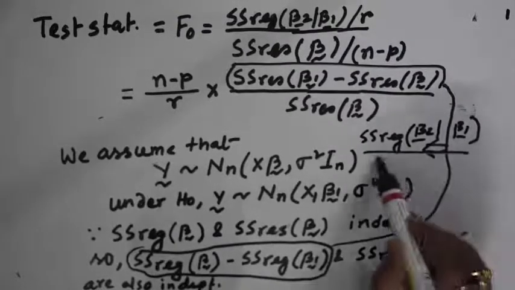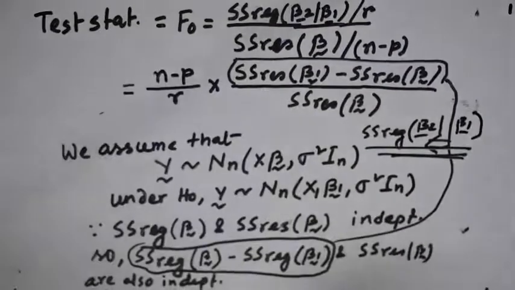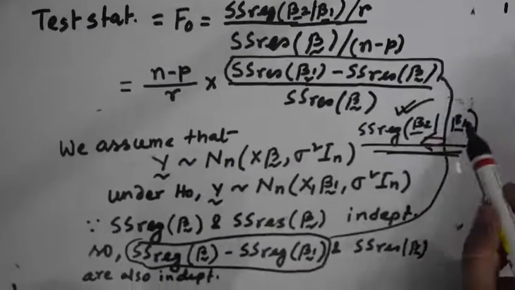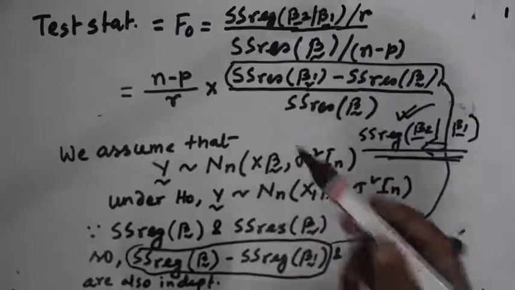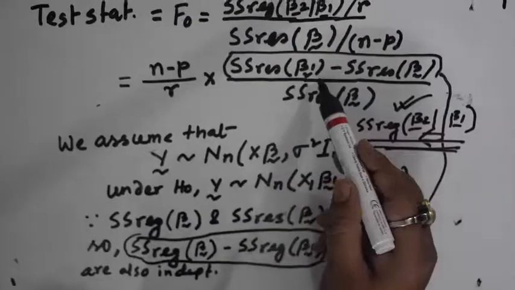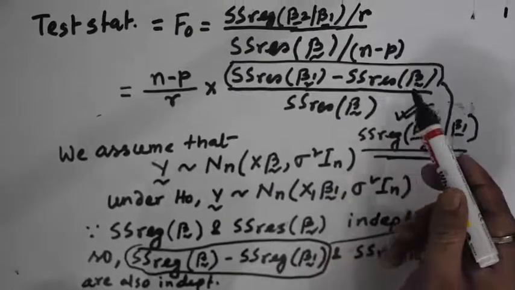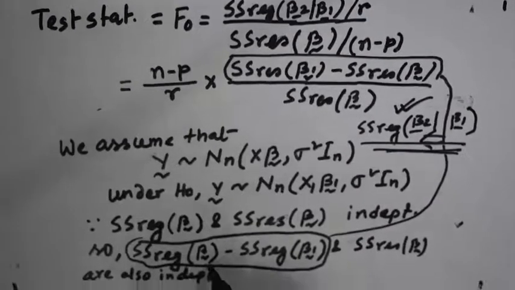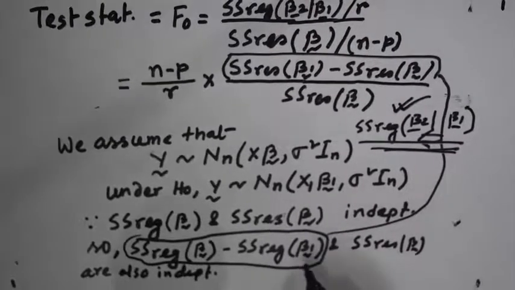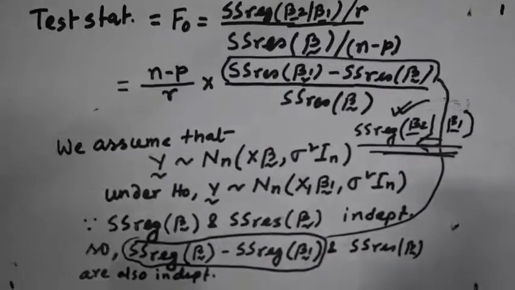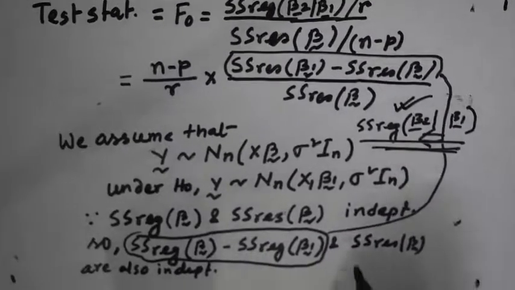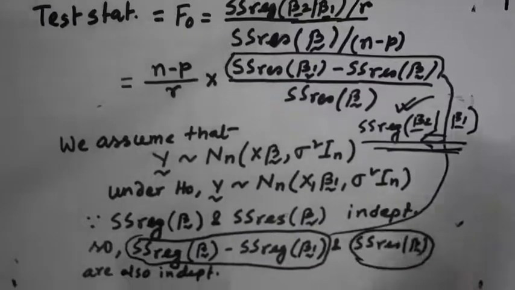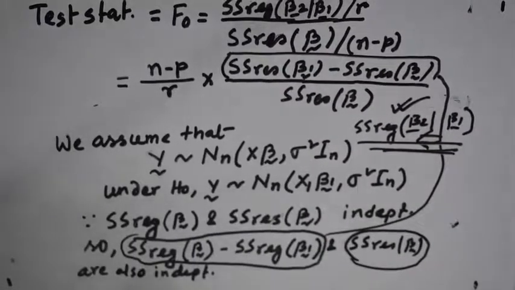So we conclude that sum of square due to regression beta 2 curl given beta 1 curl, or sum of square due to residual beta 1 curl minus sum of square due to residual beta curl, or sum of square due to regression beta curl minus sum of square due to regression beta 1 curl, and sum of square due to residual beta curl are independent.